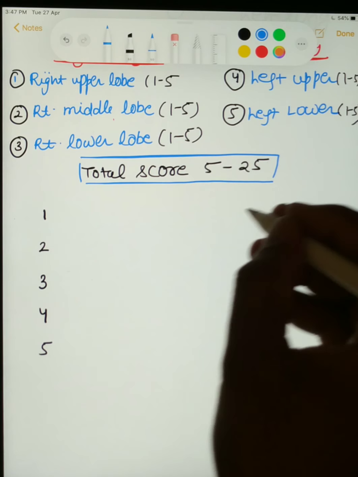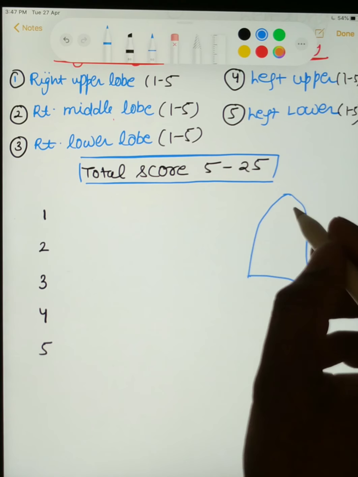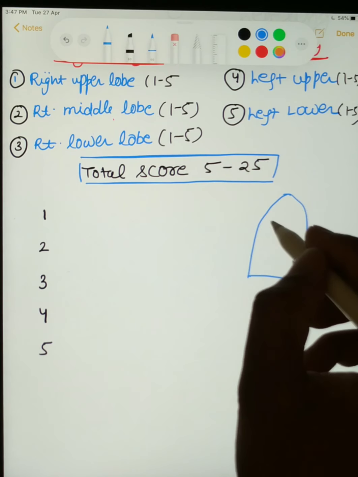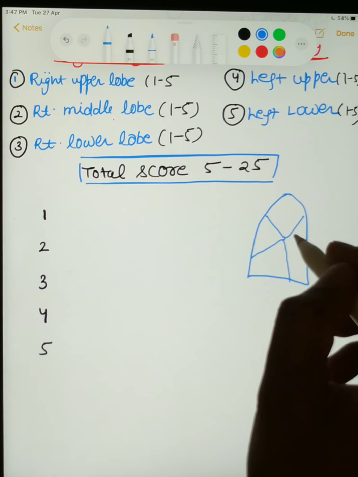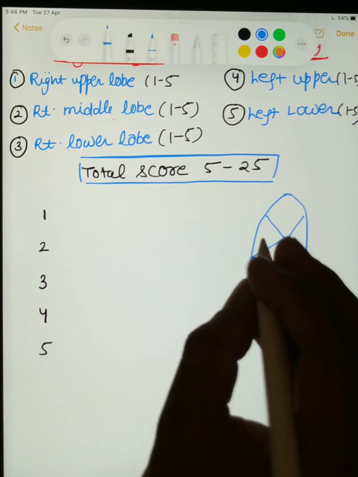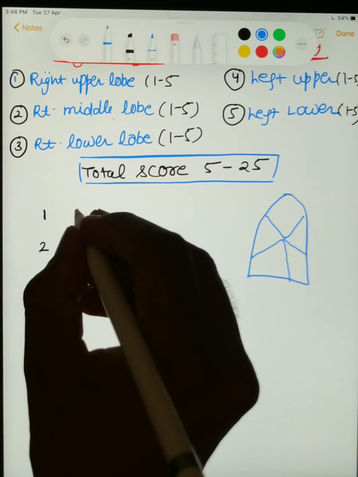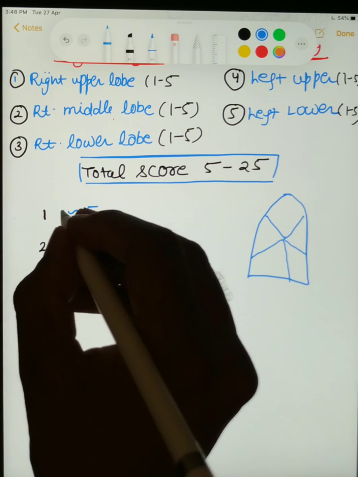So suppose this is right upper lobe. We will divide into 5 quadrants. If up to 5% of the lobe is involved, then it is given score 1.